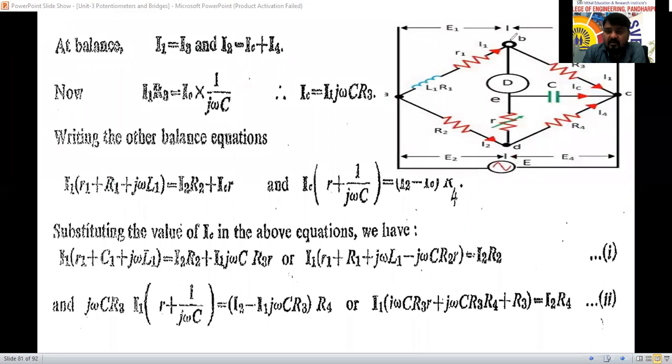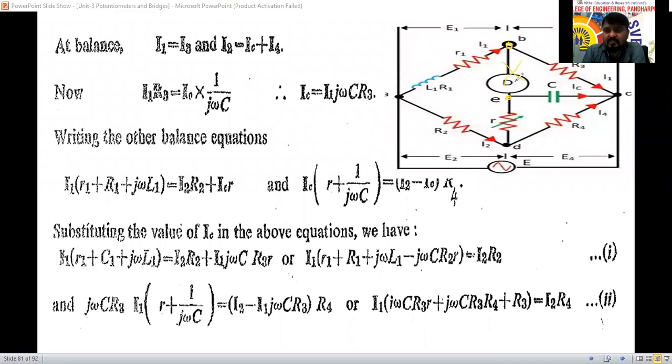See here, the galvanometer or detector is connected at this point and this point here now. Is it correct? Yes, sir. So when the bridge is balanced, then the current flowing through this one will be 0.